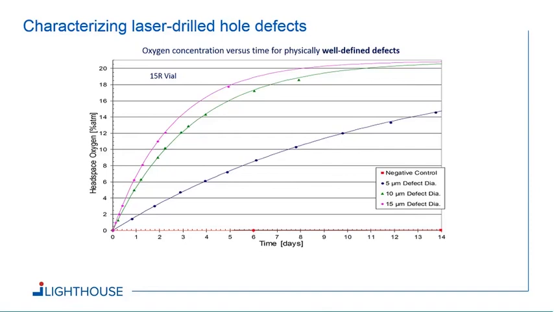So defects that are 5, 10, and 15 microns in diameter. And you can see from the time scale on the x-axis that we are monitoring the headspace oxygen rise in days. You actually start seeing changes in headspace immediately, but in this particular case, you can see that it starts to reach atmospheric levels for the larger defects on a time scale of days.